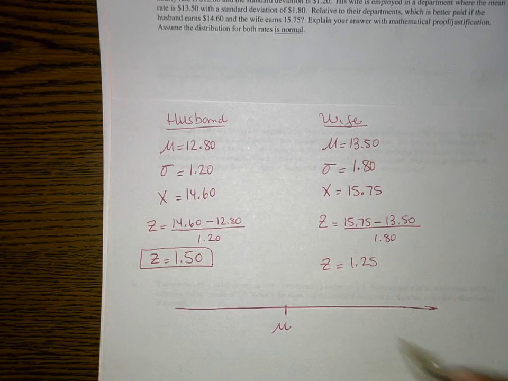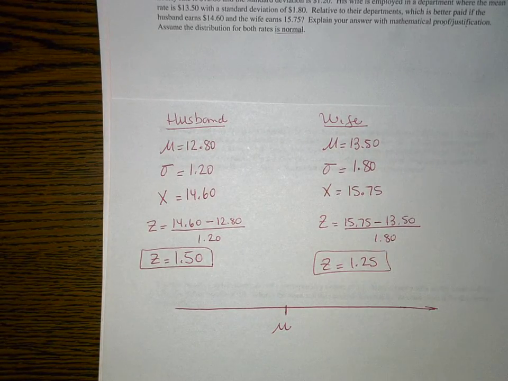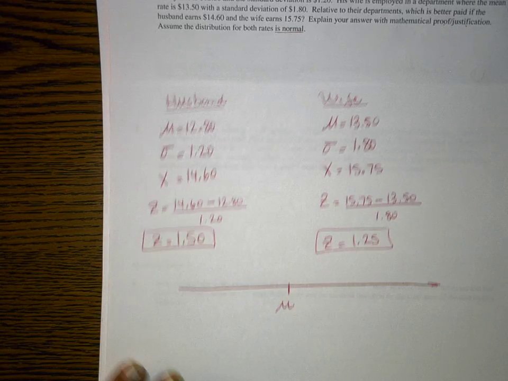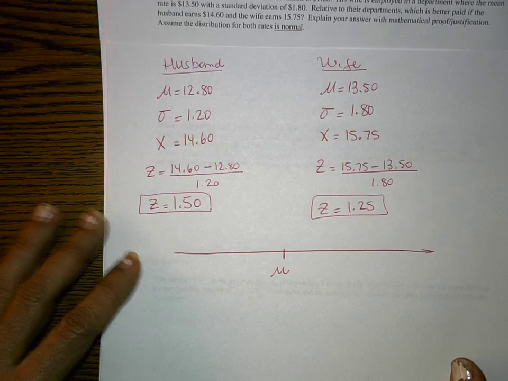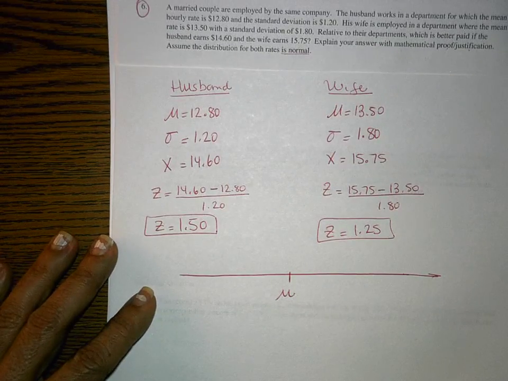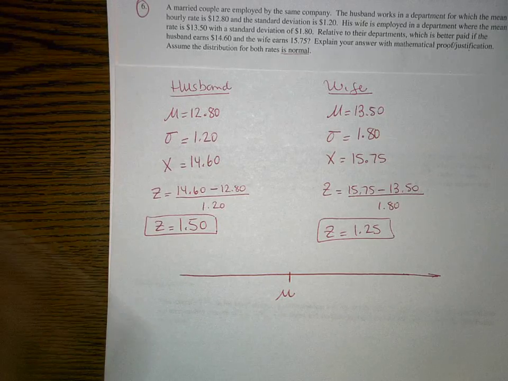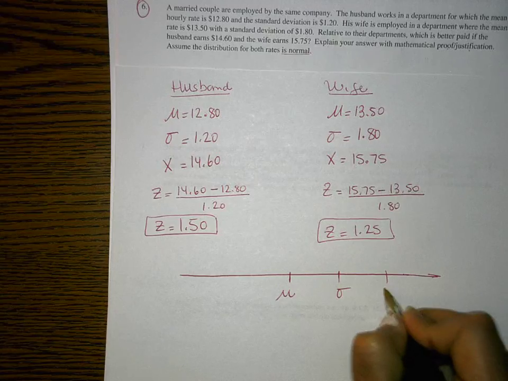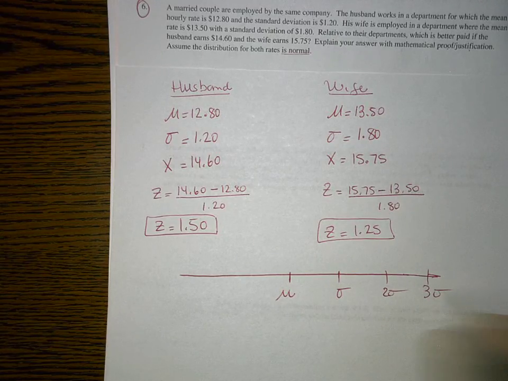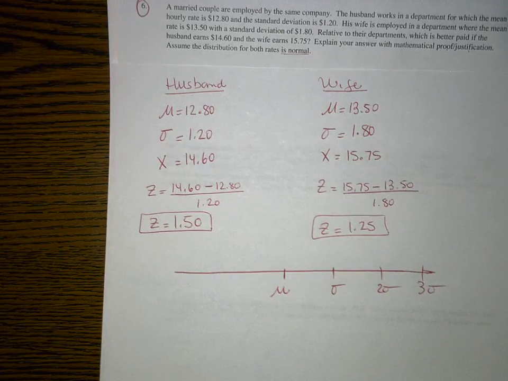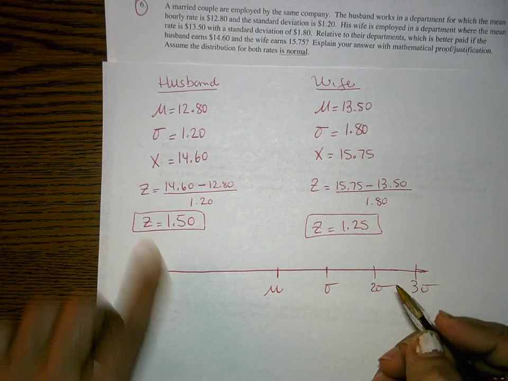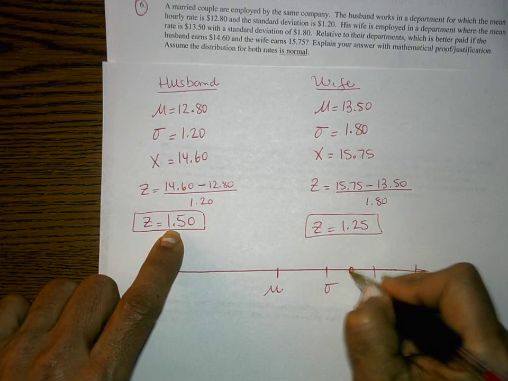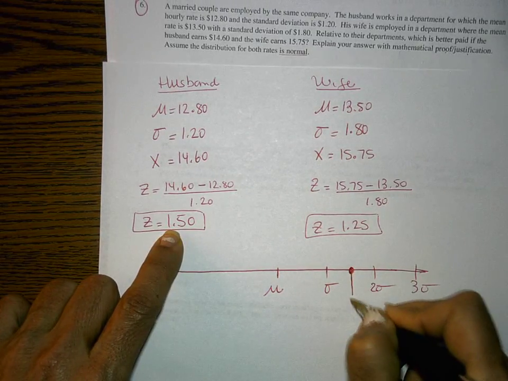Okay, so I have the z-score for the wife and the z-score for the husband. Just based on the z-score, he is higher above the average paid than she is. So this would be 1 standard deviation, 2 standard deviations, 3 standard deviations. Here's the husband's z-score position of 1.5.